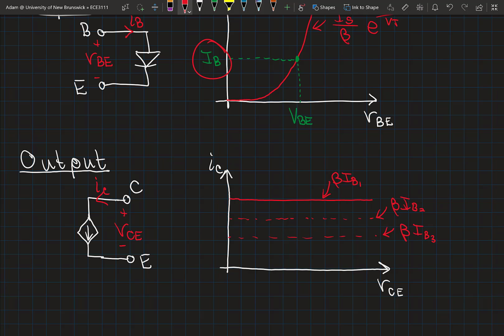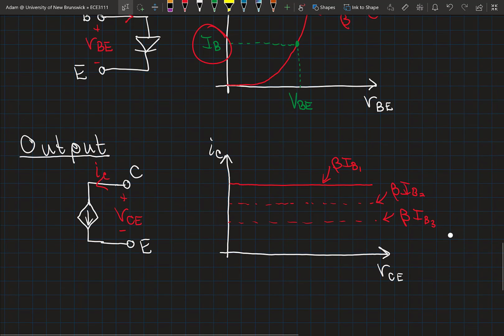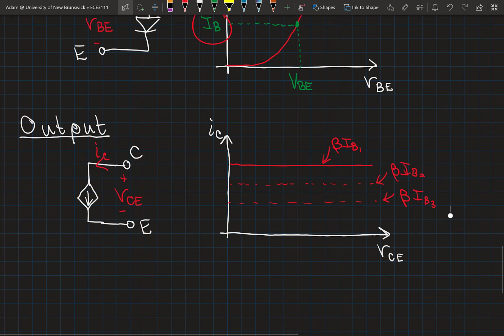Okay, but this output characteristic fails to take into account the fact that in order for us to stay in forward active mode, which is what we are assuming with all these models, these are models for forward active operation, the collector to emitter voltage must not drop below our saturation voltage, which we said was approximately 0.2 volts.